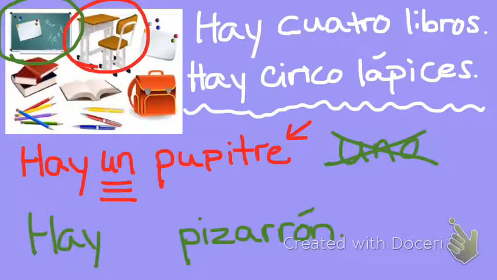But we need to know, what are we going to put in the middle? Are we going to put una, uno, or un? We have to remember if pizarrón is masculine or feminine. Hopefully you remember it's masculine. We know we cannot write uno, right? Remember, we have to be able to take that O off. So we're going to write un. Hay un pizarrón.